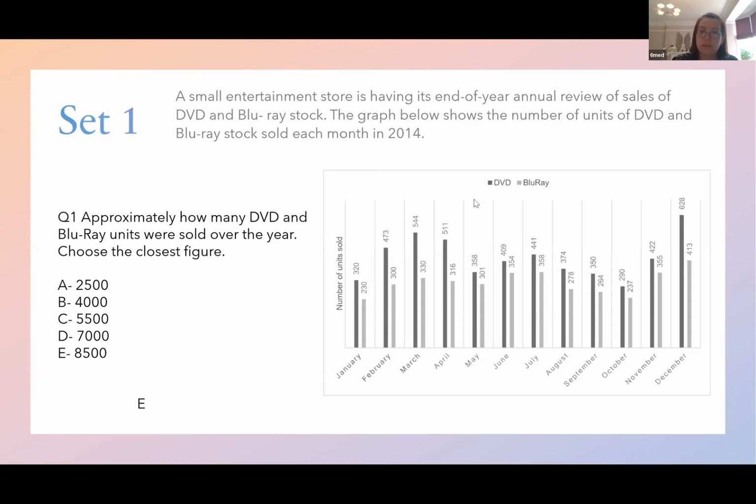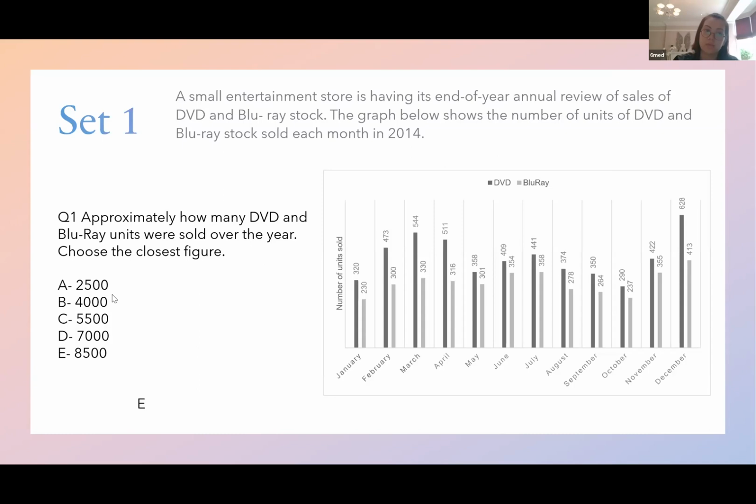So if a figure is 511, for example, you could potentially round that down to 500, and if there's any that are close to rounding up, you can do the same. And these sorts of questions where they're asking for the closest figure, you can use rounding to figure it out, because you'll still get more than 8,500, so you'll still know that one's the figure.